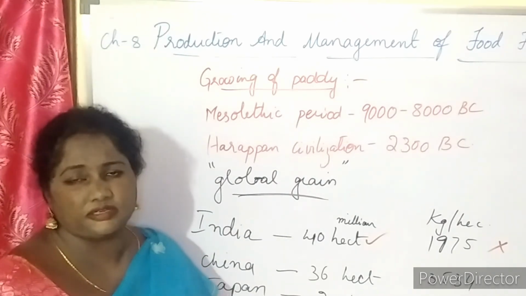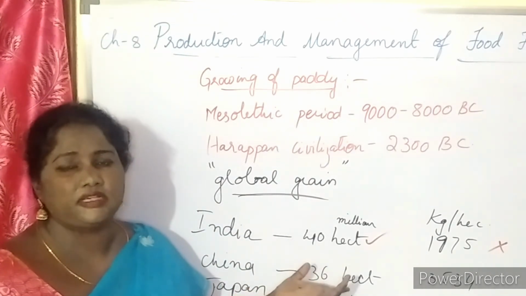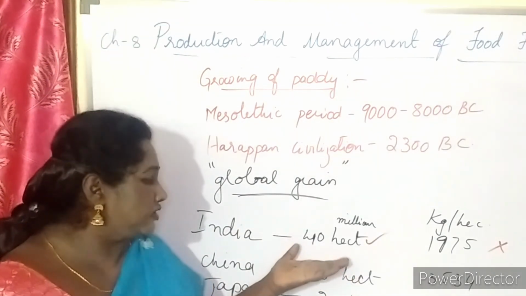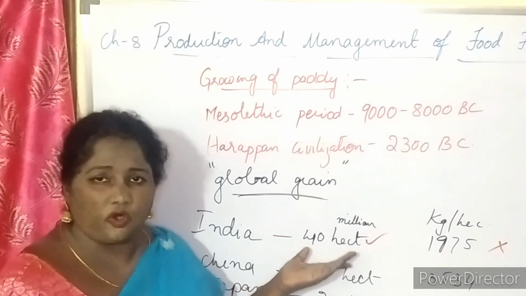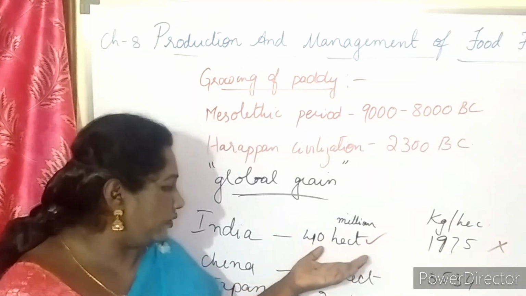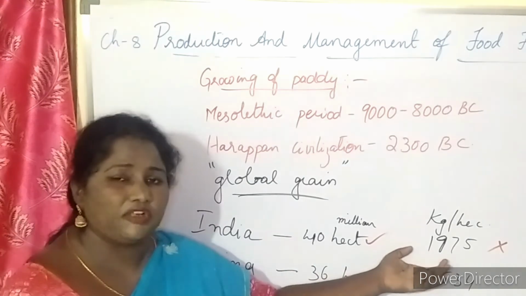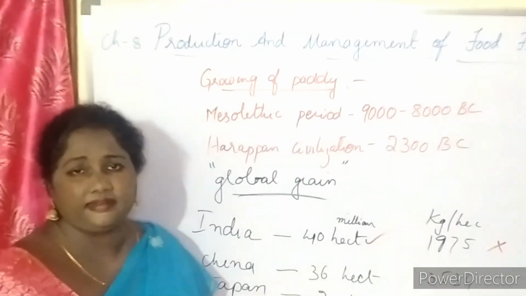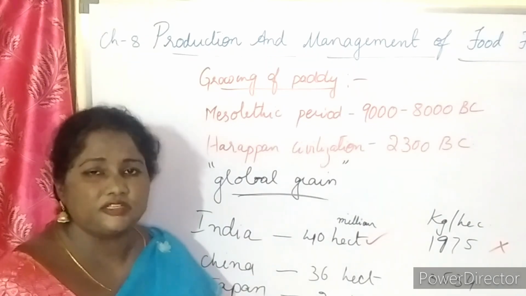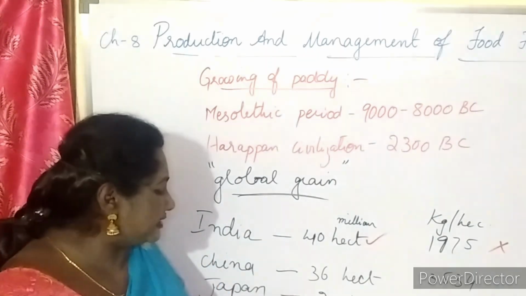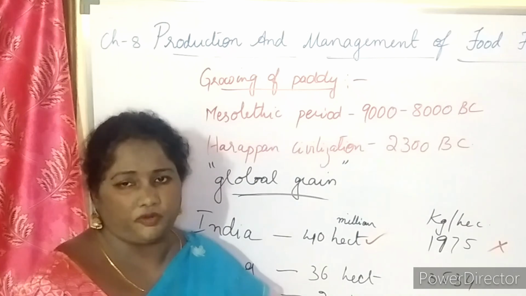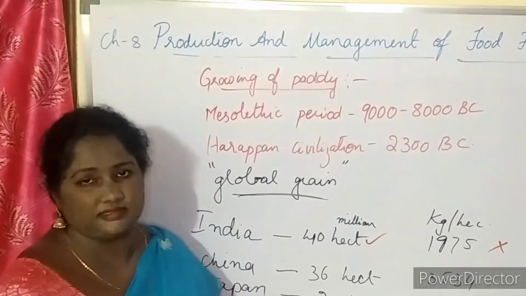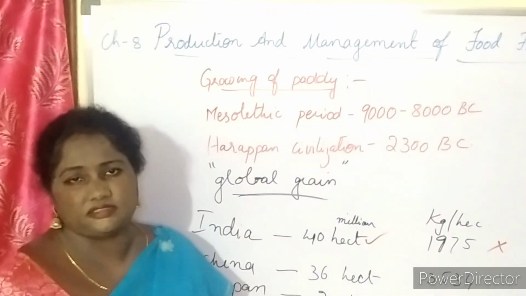And in production, India, even though it is using more hectares for paddy, gives less yield. But Japan, using modern techniques and methods of cultivation, gets more production even though the land is less. So that we have discussed in this video.